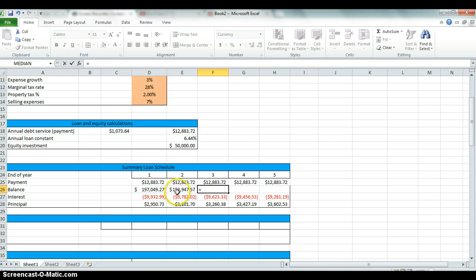For year 3, from year 2 minus what we paid in year 3. For year 4, we will have what's remaining from year 3 minus what we paid in year 4, and for year 5 equals remaining from year 4 minus year 5.